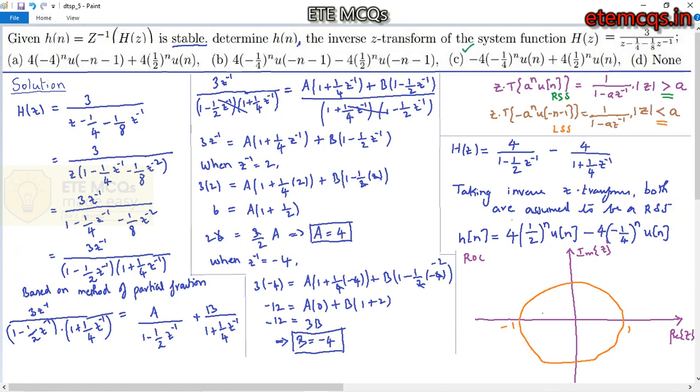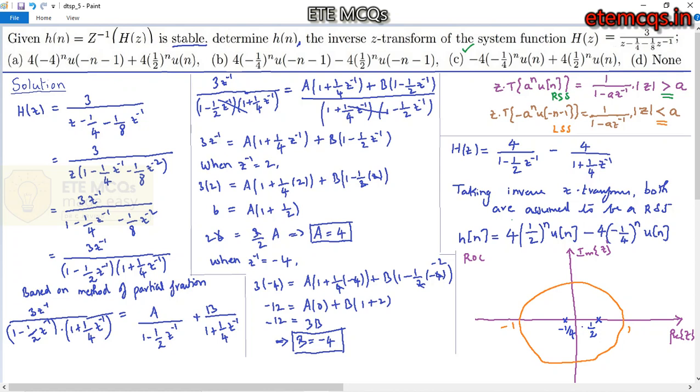And you have a pole at 1 by 2 or 0.5. The pole is represented by an x. So this is 1 by 2. And the other one is minus 0.25 or minus 1 by 4. It should be on the other side. So it is minus 1 by 4. So this is your basic pole zero plot.